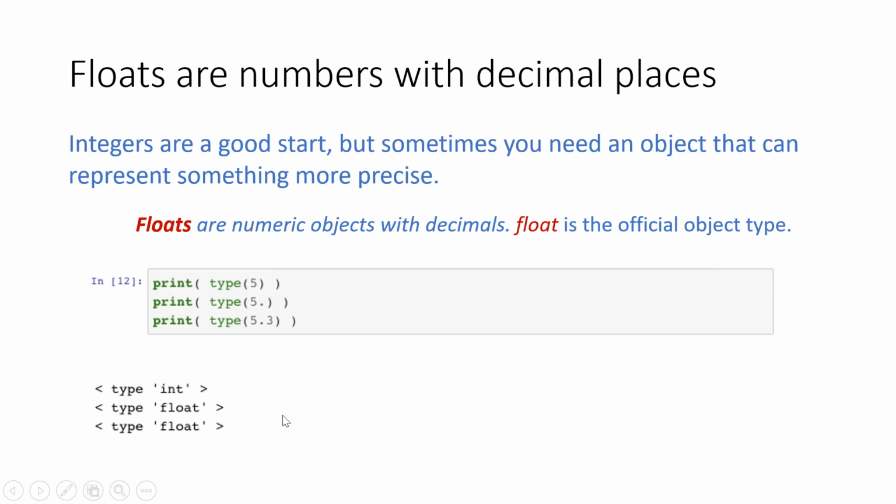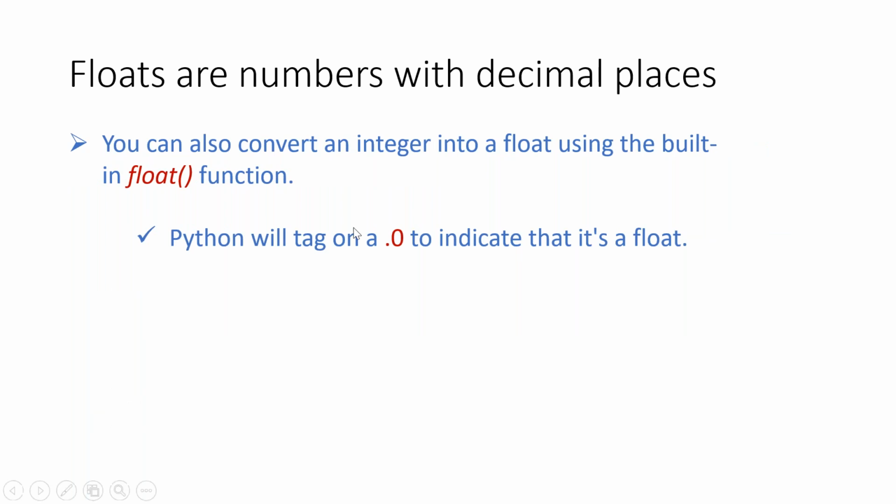Floats have their own way of behaving, so we'll look into that. It's another number type. You can also convert an integer into a float using the built-in float function.